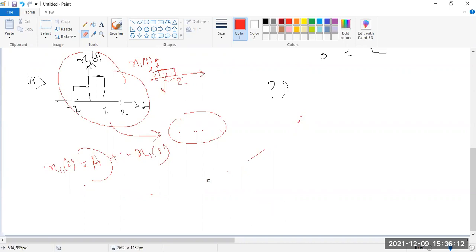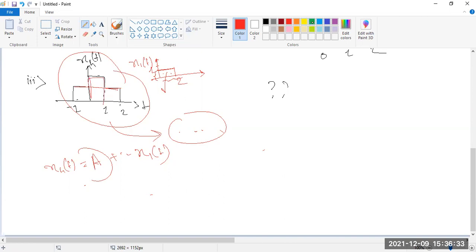First of all, this is a rectangular signal, so we can apply the rectangular term. Look, this signal is a combination of two signals. Say this is a signal, and this is another signal.